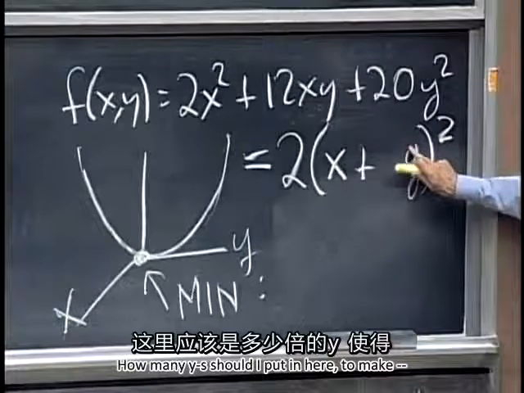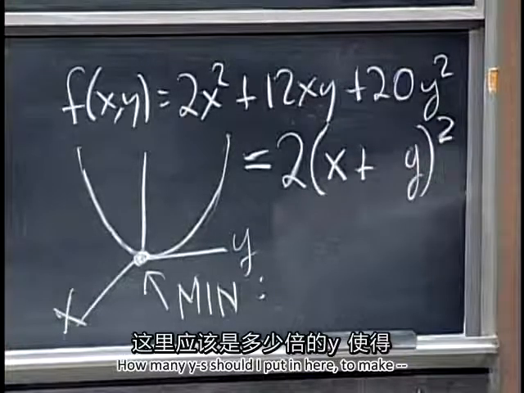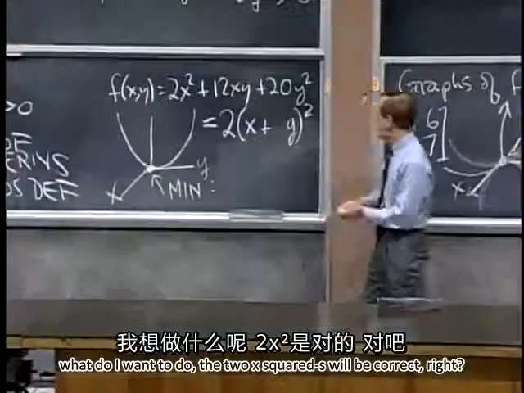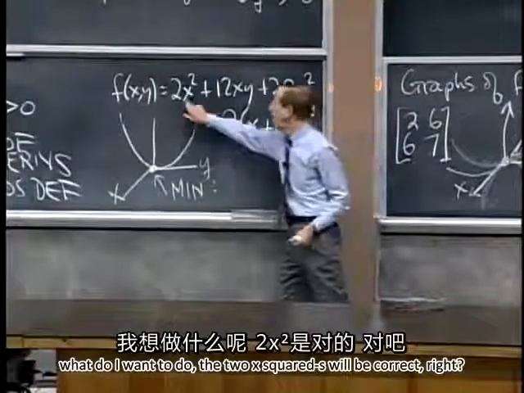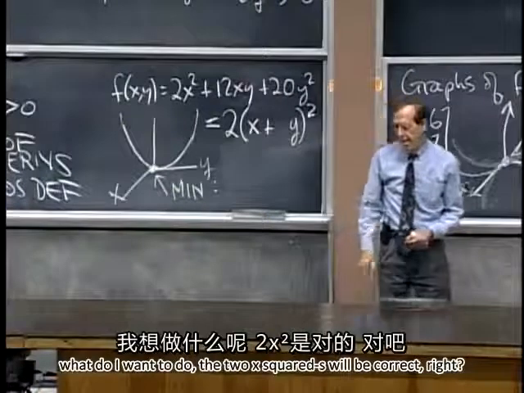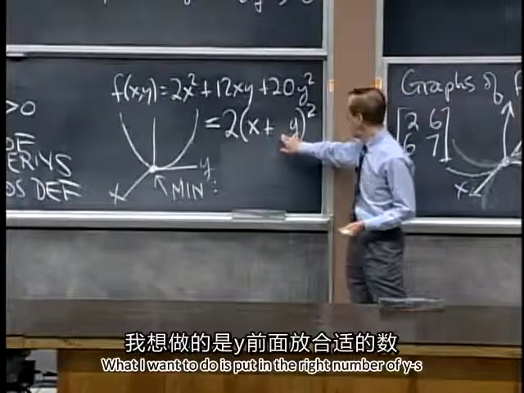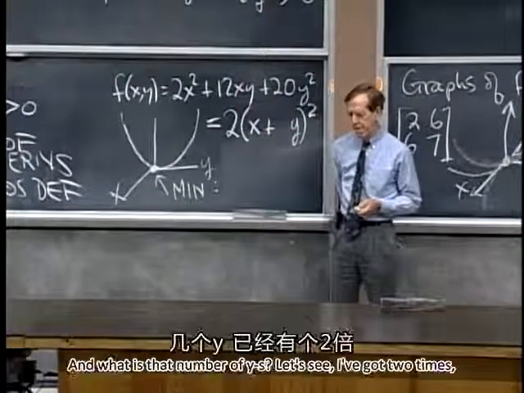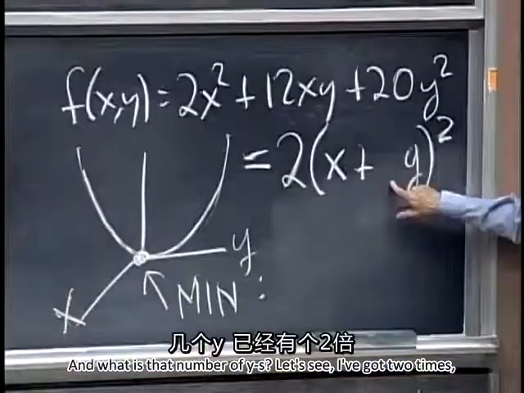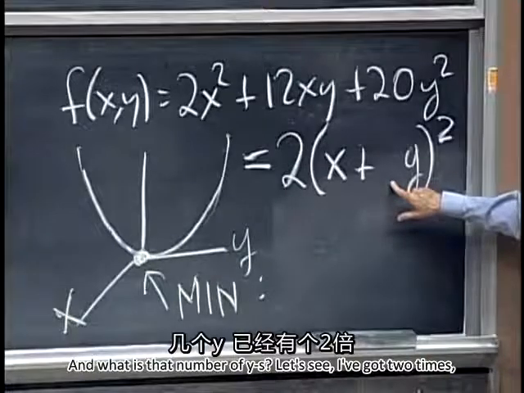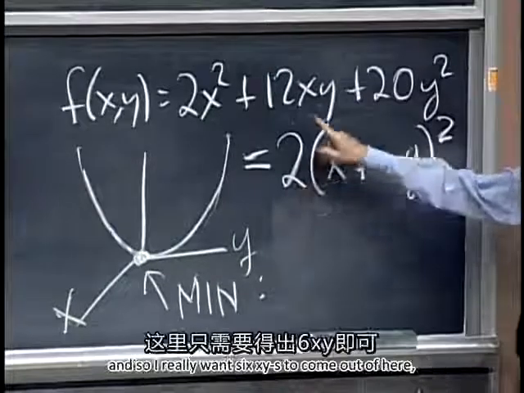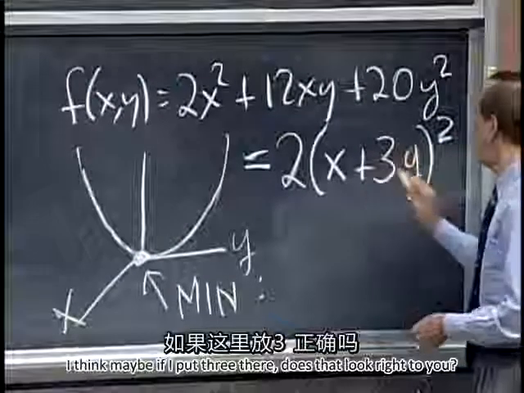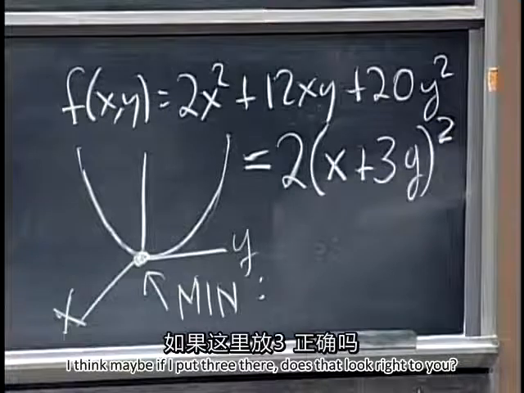How many y's should I put in here? The 2x squareds will be correct, right? What I want to do is put in the right number of y's to get the 12xy correct. And what is that number of y's? I've got 2 times, so I really want 6xy's to come out of here. I think maybe if I put 3 there, does that look right to you?